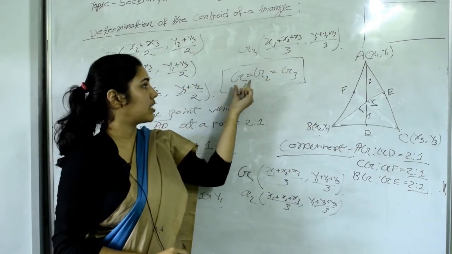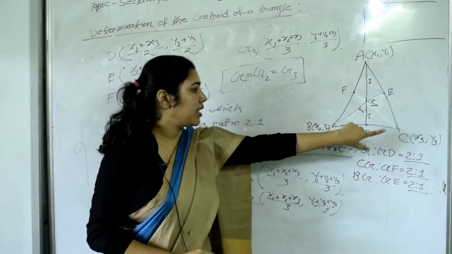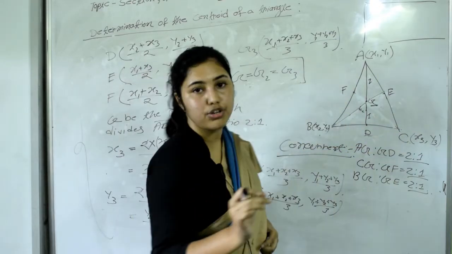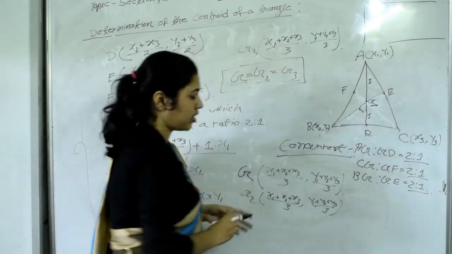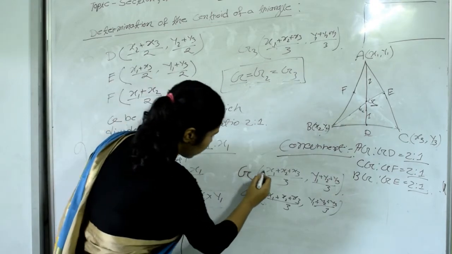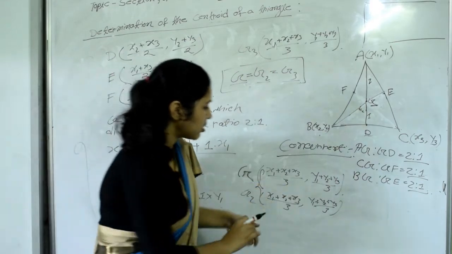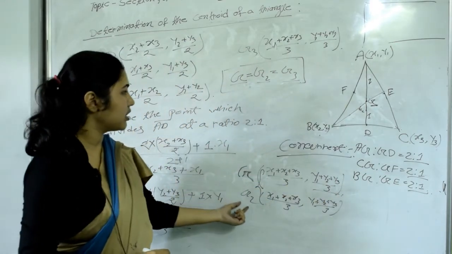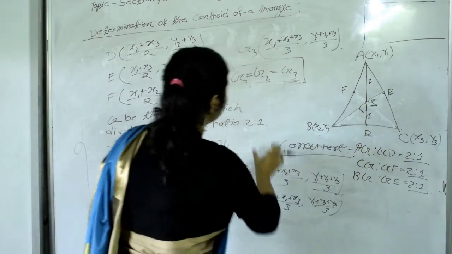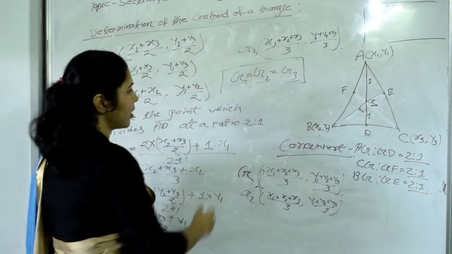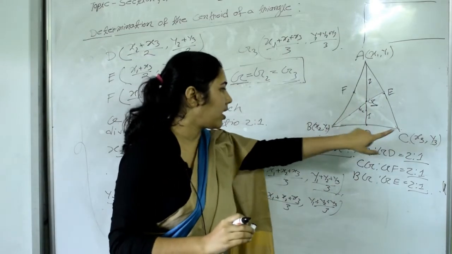All these points G, G2 and G3 divide the line segments AD, BE and CF at a ratio 2:1 internally, and G equals G2 equals G3. Why? Because the abscissa of G, G2 and G3 is the same, and also the ordinate is the same. That's why we can say that these 3 points are the same. This point G is called the centroid of the triangle ABC.